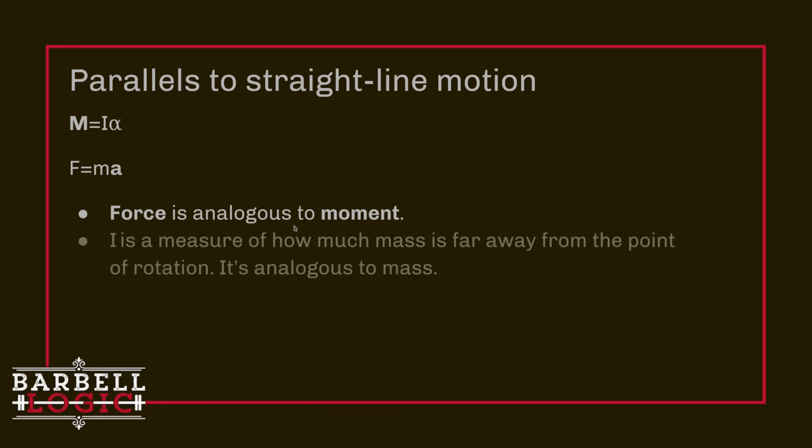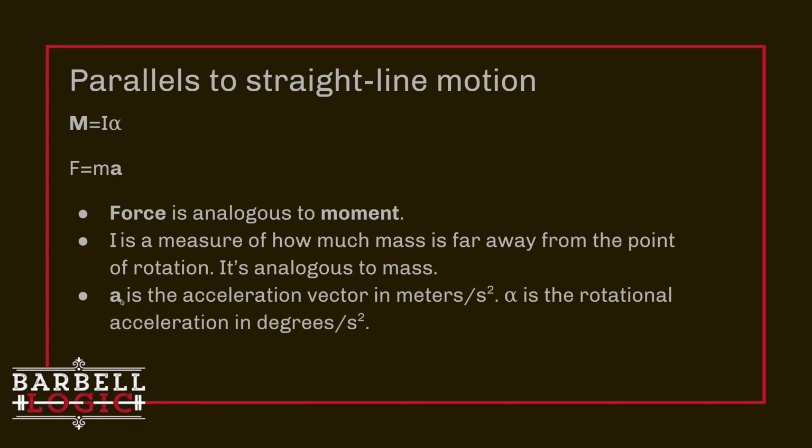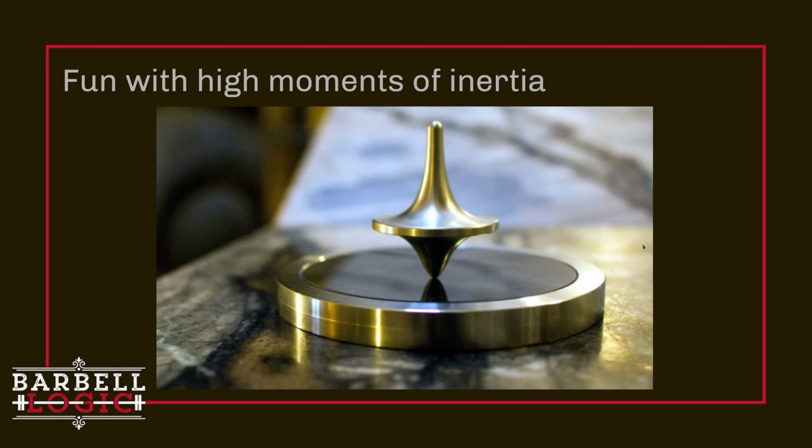Force is analogous to moment. The moment of inertia is analogous to mass. A, the acceleration vector in meters per second squared, is analogous to alpha, the rotational acceleration in degrees per second squared. If you have high moments of inertia, like this top, it will want to continue to spin. That's why it's constructed this way, so it has a lot of mass far away from the point of rotation.